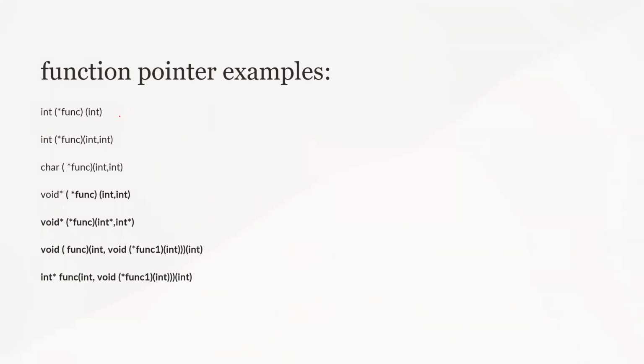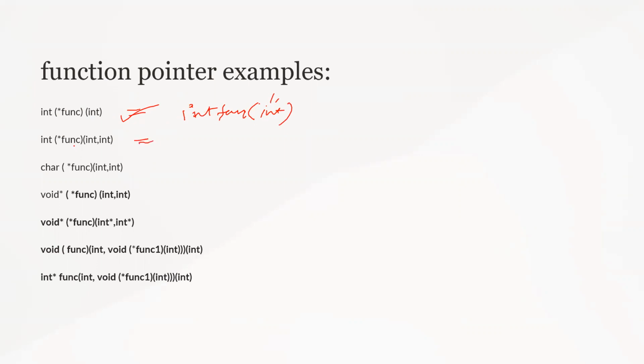First is the function pointer which can point to a function that receives an integer as input and returns one more integer as output. This is the pointer declaration for this function.